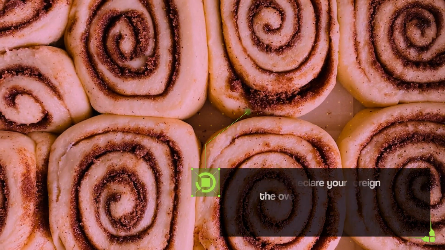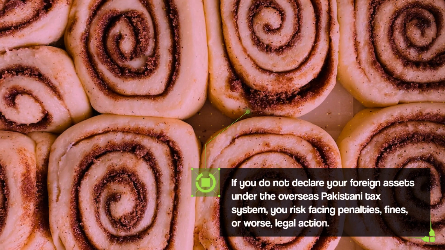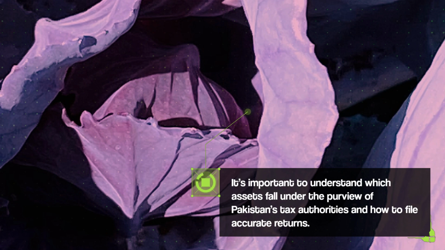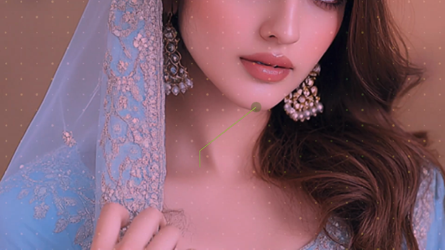If you do not declare your foreign assets under the overseas Pakistani tax system, you risk facing penalties, fines, or worse, legal action. It's important to understand which assets fall under the purview of Pakistan's tax authorities and how to file accurate returns.